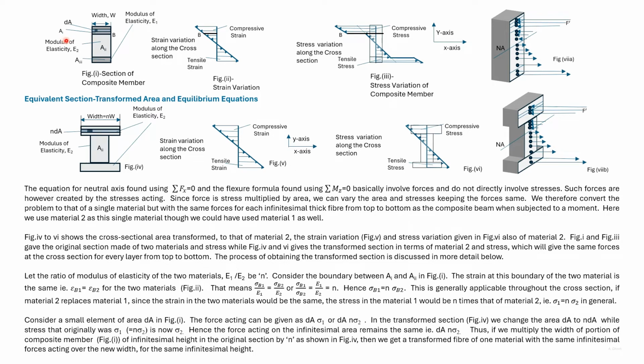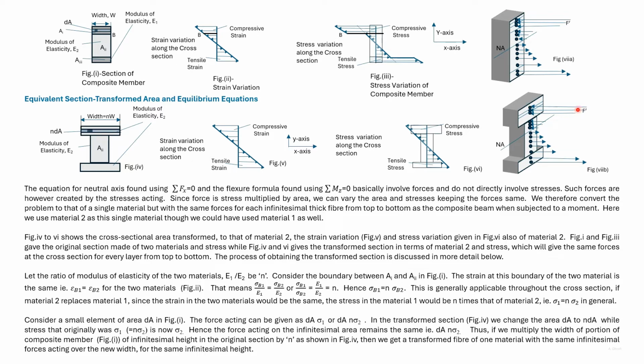The width of the portion A1 is multiplied by n, and also the width of the portion A3 is multiplied by n. So instead of these variations, we have used these two variations of equivalent area and stress, which will give the same forces in the fibers from top to bottom.